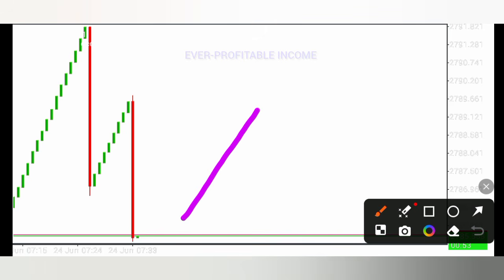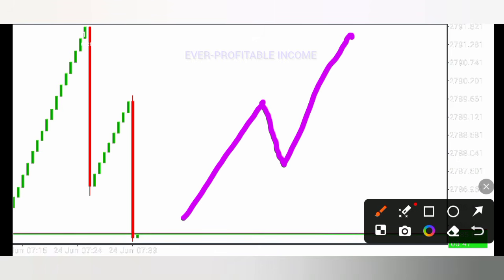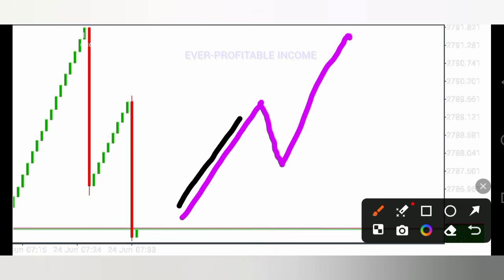That means price trends up, it gets a little retracement and then it trends up again. So this movement right here is what we call rally base rally. The time at which it's trending up like this is called the rally.